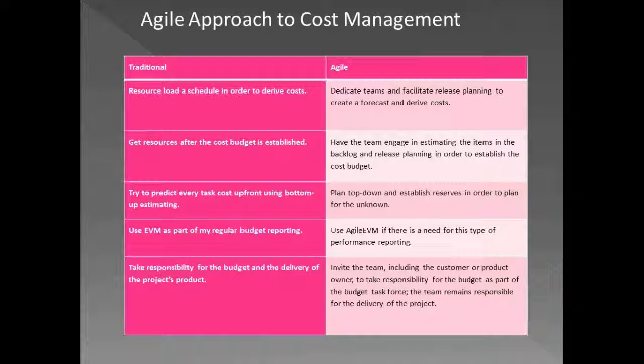With regard to agile, the team helps in the release plan, and from the release plan the cost baseline can be derived by aggregating the costs of all the iterations. So if we have 4 iterations, we aggregate the cost of each iteration and arrive at a specific budget, or what is called cost budgeting.